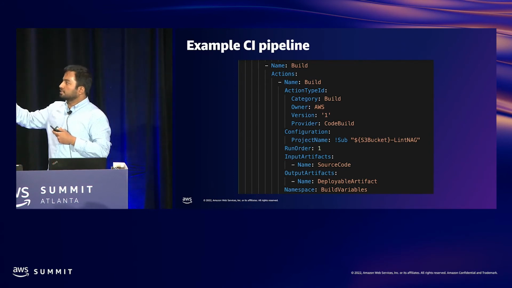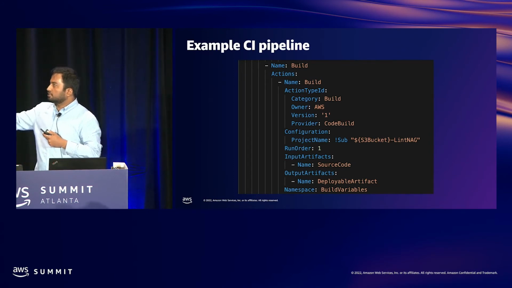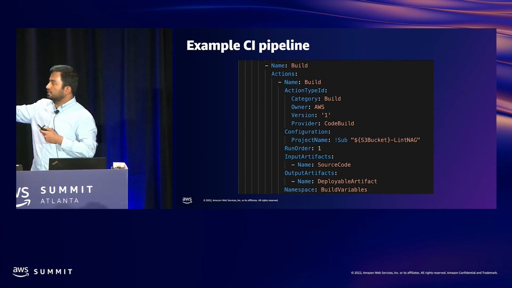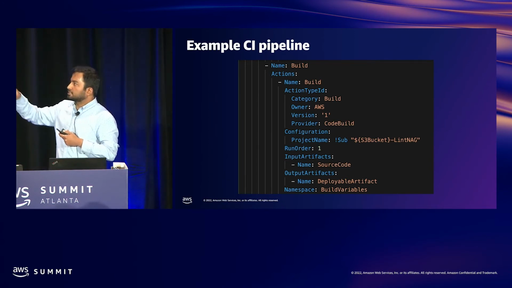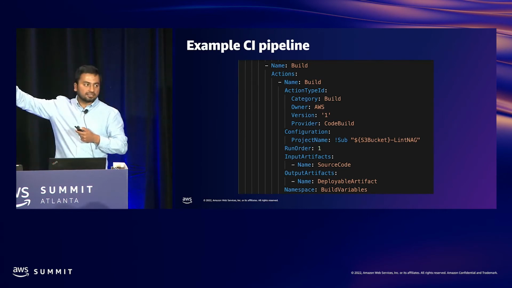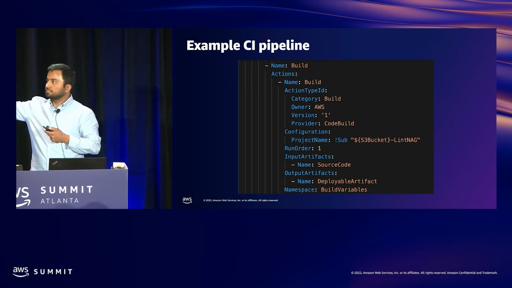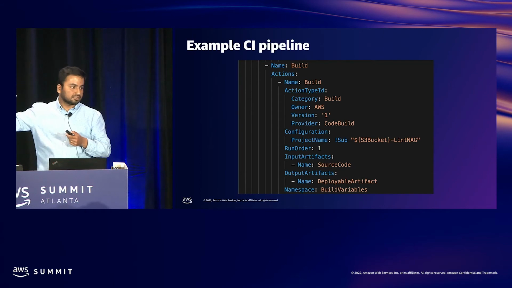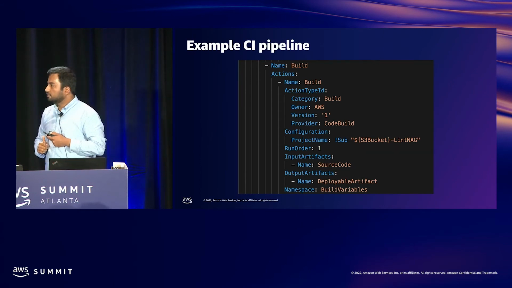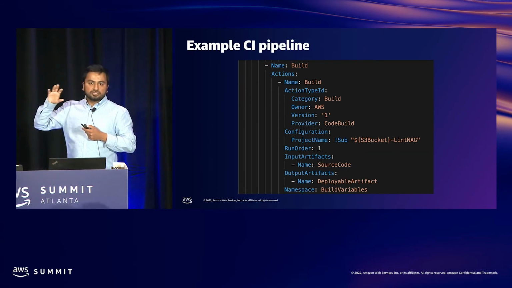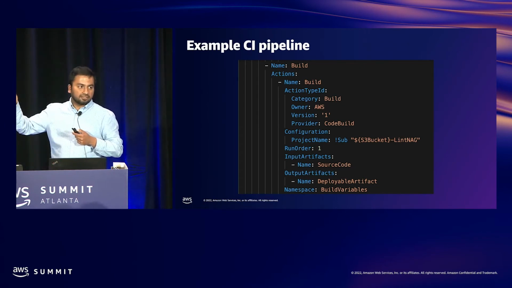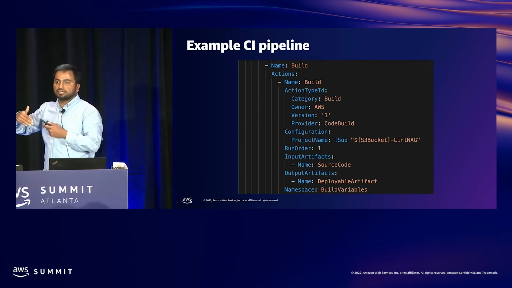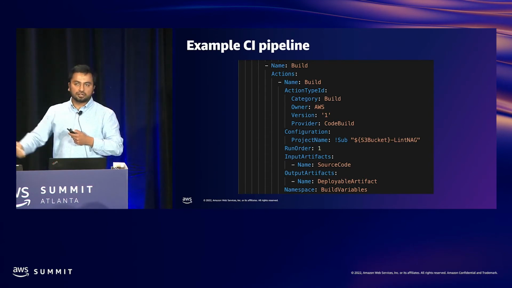So here we are using an image called lint nag, which we'll see later how that is built. But essentially, we are using CodeBuild as a service to build whatever unit test that you might want to have. The outcome of this, once you perform the tests that are required, is a deployable artifact and a set of build variables that you want to transition for your CloudFormation.